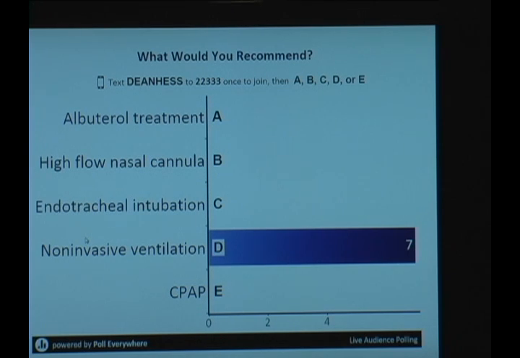In fact, the accumulating evidence today suggests that for every 10 patients with COPD exacerbation who we use non-invasive ventilation for, 1 patient would survive who would otherwise die. So that's pretty powerful evidence for using non-invasive ventilation in this setting, and that's pretty much standard practice here at the MGH. I can tell you, though, that in my travels, there are still lots of places where this is kind of a foreign concept, if you could believe.